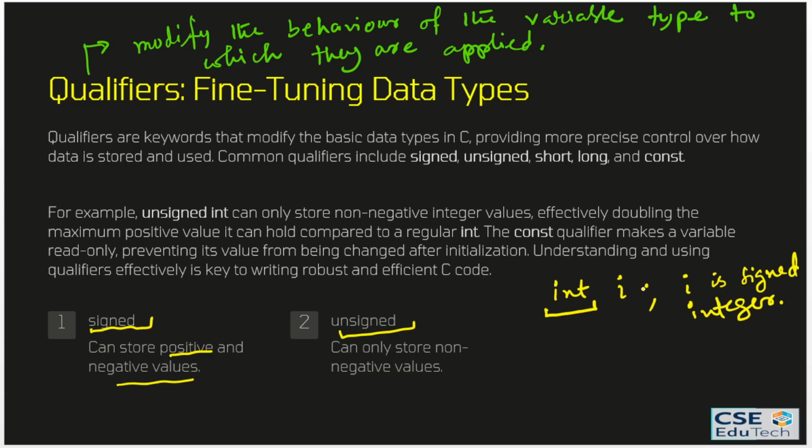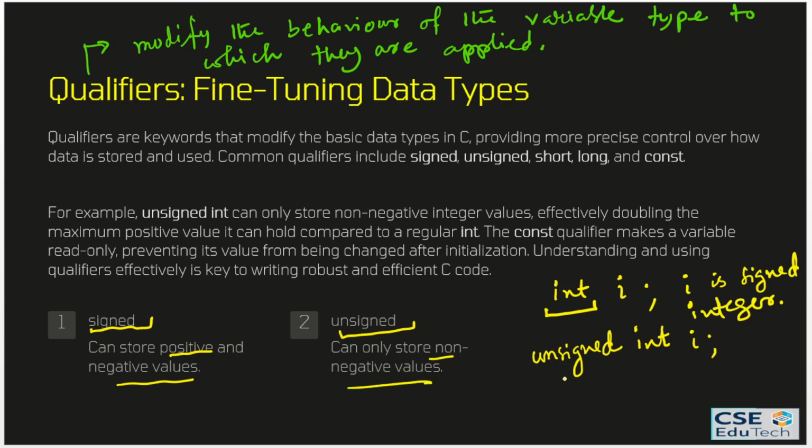Its range includes both positive as well as negative values. Now if we write unsigned int I, that means it can only store the non-negative values.